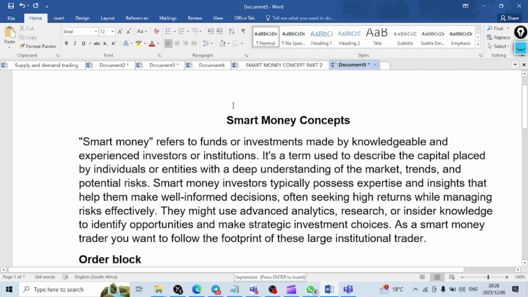Smart money refers to funds or investment made by knowledgeable and experienced investors or institutions.